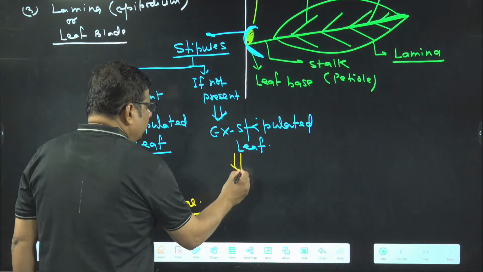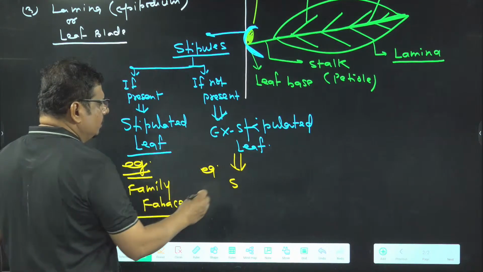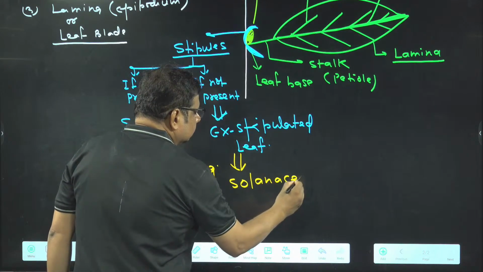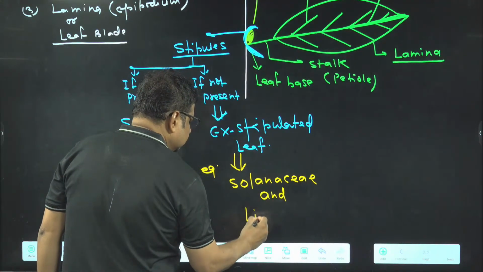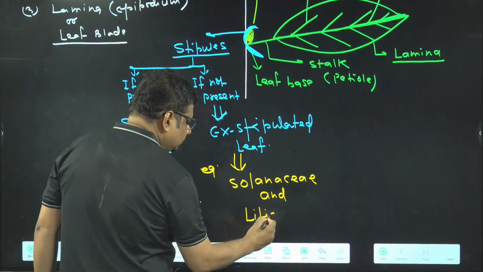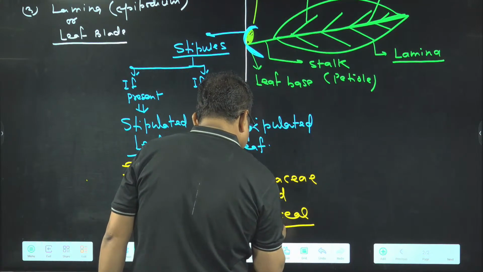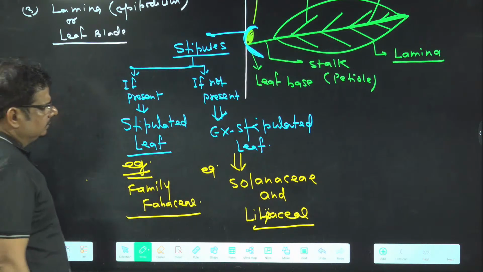And in members of family Solanaceae and Liliaceae, stipules are not present. In Solanaceae and Liliaceae, what is not present?